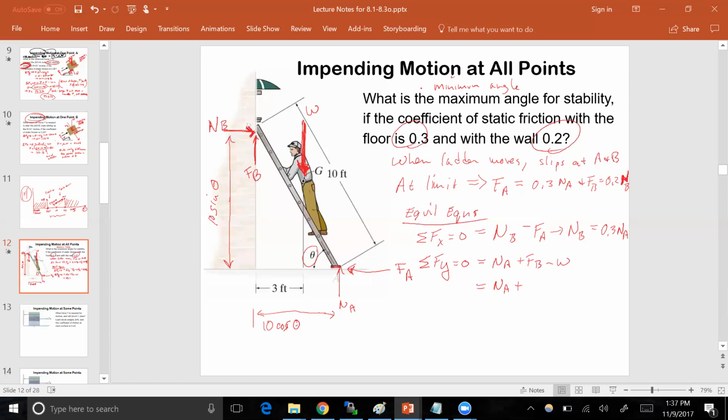And Fb we know is 0.2 NB, because you're at impending motion. So Na plus 0.2 NB minus W is the sum of the Y forces.